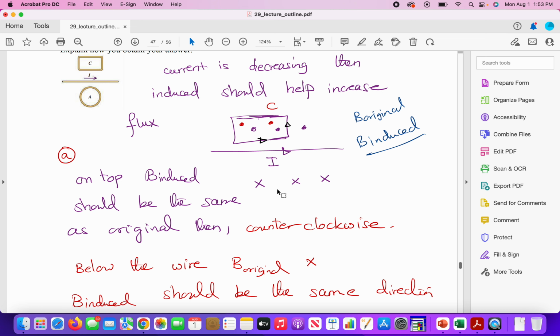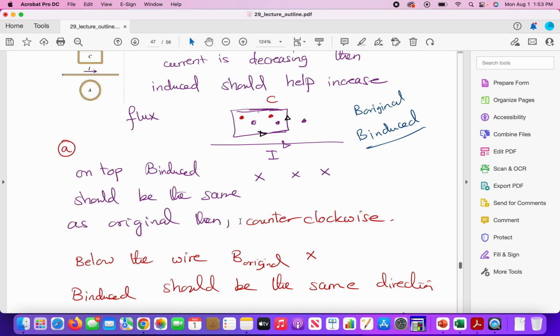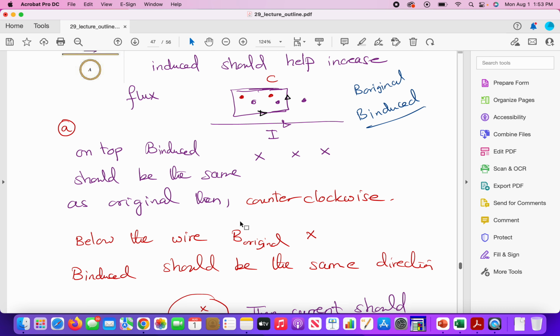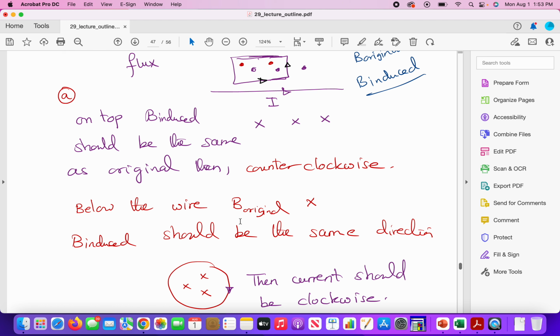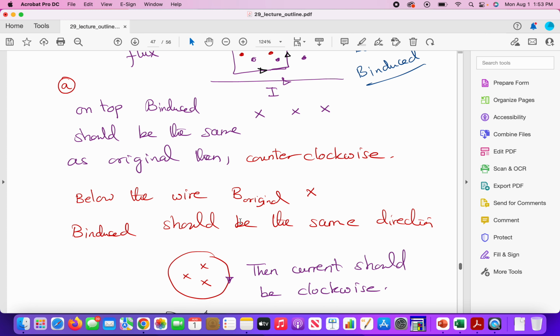Because it is into the page, the B induced should be in the same direction also, and therefore I will say the current should be clockwise.